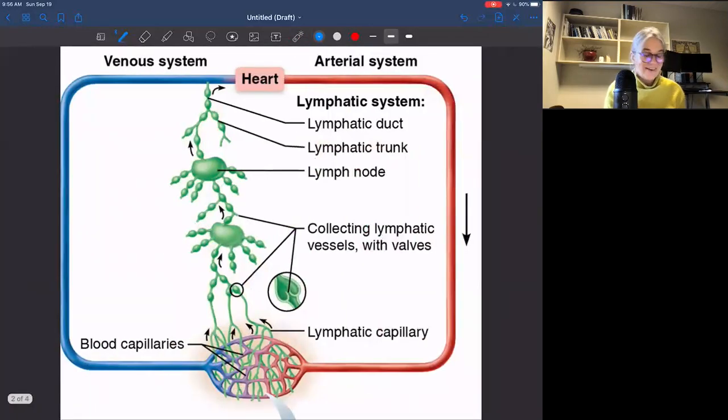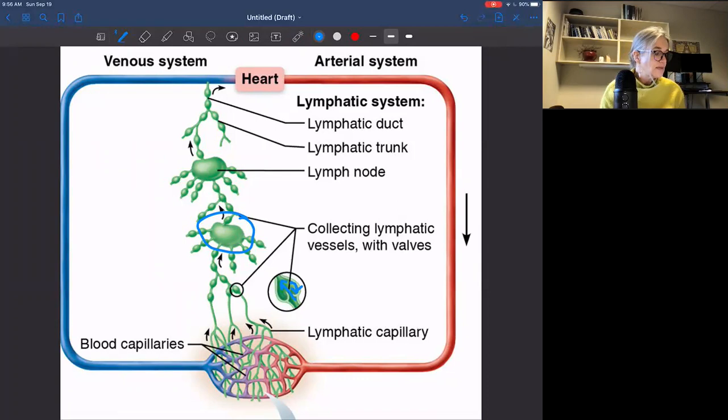So if we look here, we see the valves, right? So if this lymph comes up, it is going to be prevented from going the wrong direction. It comes up and you'll notice that it starts to move through these larger structures, which are actually called lymph nodes. So lymph nodes actually have more than one type of tissue in them. They're like a connective tissue capsule.